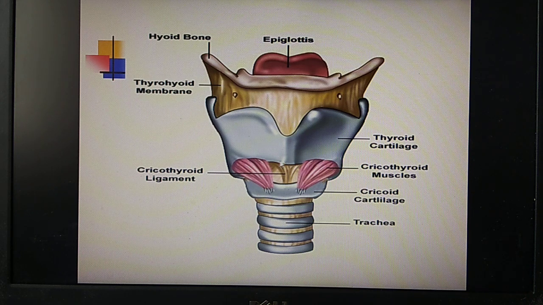This is the ligament of the cricoid cartilage, and this is the thyrohyoid membrane of the hyoid bone, and this is what I told you, the epiglottis. This epiglottis can have a flip-flap movement, which allows food particles to go to the digestive tract and air to the respiratory tract.